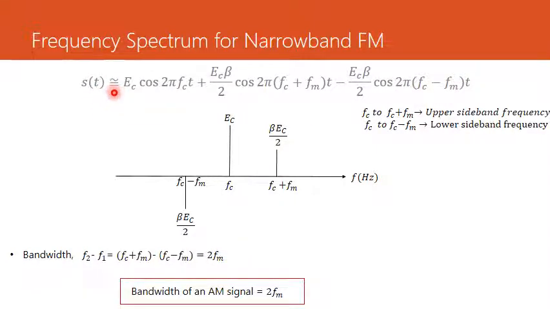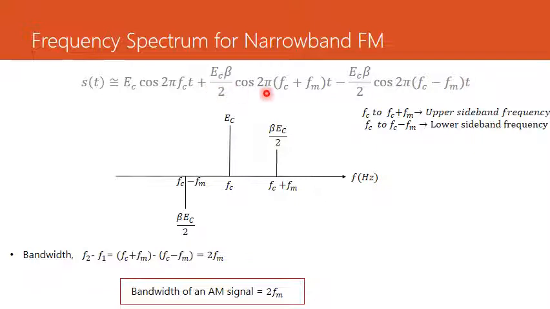In this expression, Ec cos 2π fc t represents the carrier signal with an amplitude Ec at frequency fc. As with AM, in this FM we have an upper sideband and a lower sideband.